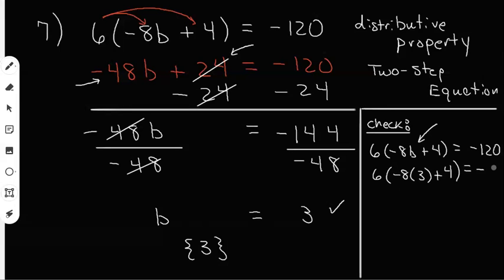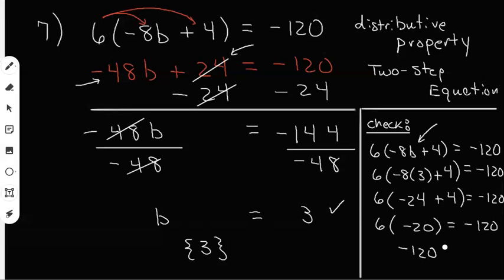And I can simplify that a little bit. Notice that negative 8 times 3 is negative 24. Everything else stays the same for now. And I can add the two numbers on the inside now. And I get negative 20. And then the last thing I need to do is multiply by 6 to get negative 120.